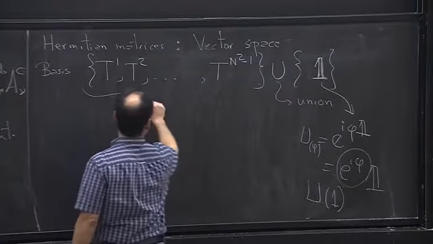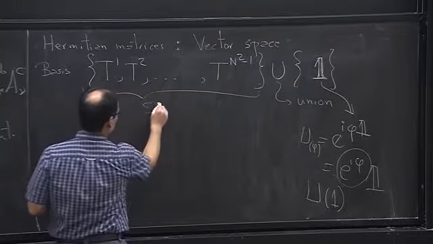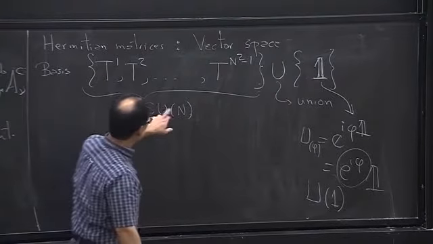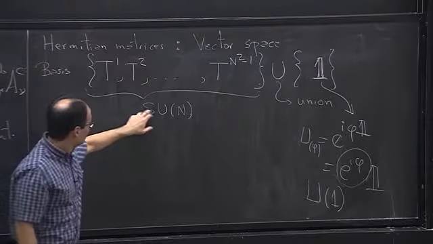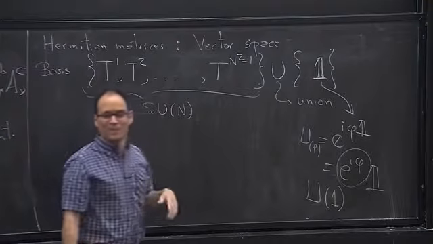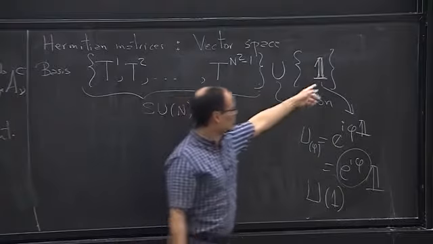Now, what are these ones? Well, this part is called SUN. And we have discovered this is SUN because the S means special, and this means that these guys, well, it doesn't look like they are special, right? Because actually this one looks more special.